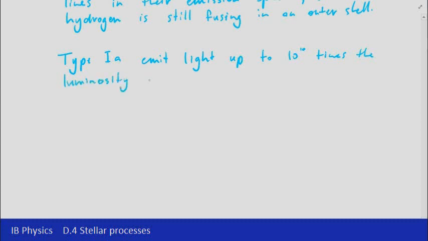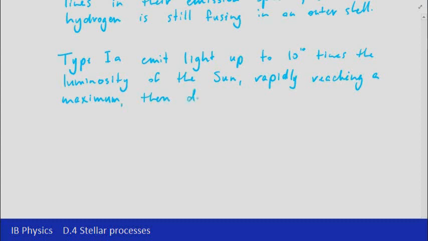And the way that occurs is that basically we get an increase that occurs fairly quickly, so it rapidly reaches a maximum intensity, and then decreases over about a 6-month period. So it's not that it appears and then disappears really quickly. It appears and then over the next 6 months will decrease and eventually disappear after that sort of time period.